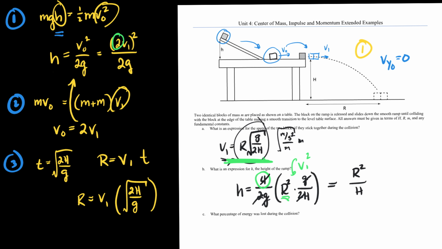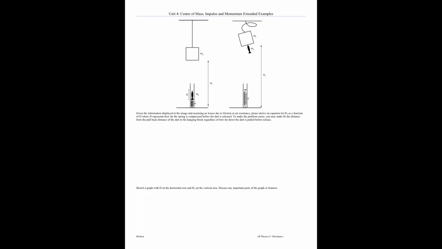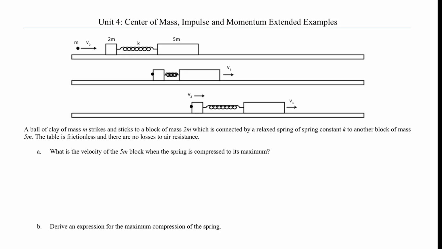I was going to ask if we could do page 6. All right, so question A: what is the velocity of the 5m block when the spring is compressed to its maximum? Looking at the picture, I think the middle picture is what I'm being asked about.